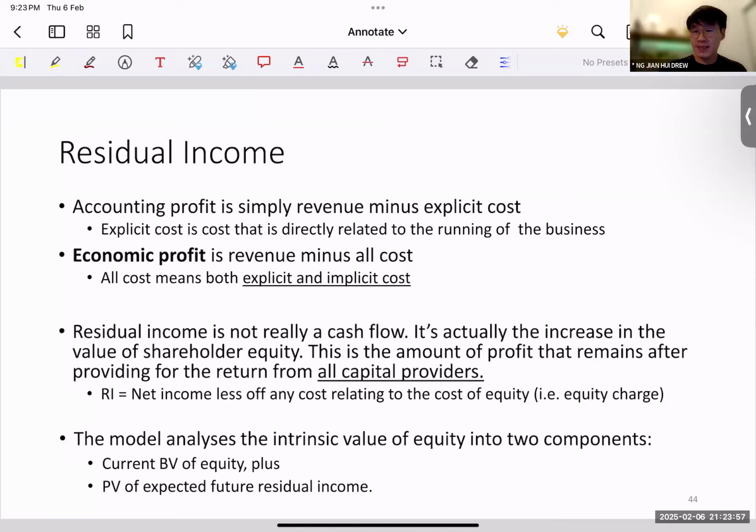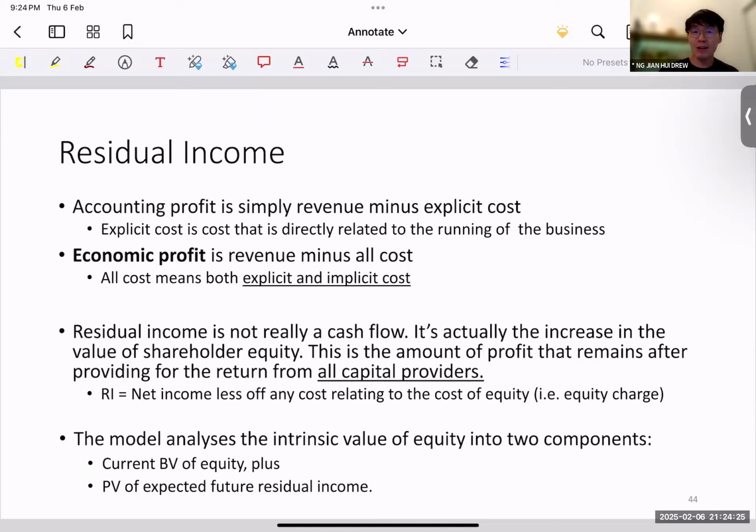If you have the cost of equity, which is a percentage, let's say the cost of equity is 1%, and the equity amount is, let's say, 1 million, then 1 million multiplied by 1% gives you your total cost of equity, right? 1% times 1 million. So this concept counts both the explicit and implicit costs relating to the profit.